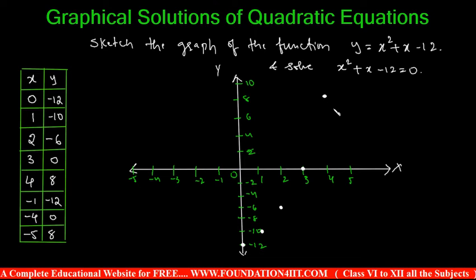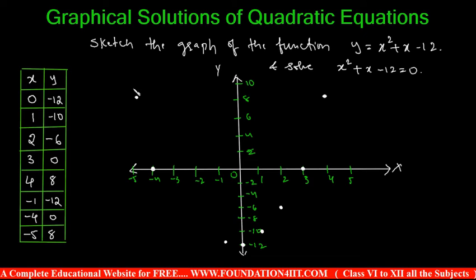Now again, minus 1 comma minus 12 in the third quadrant, minus 4 comma 0 on the x-axis, minus 5 comma 8. Minus 5 comma 8 is again in the second quadrant. This we can join with one line.